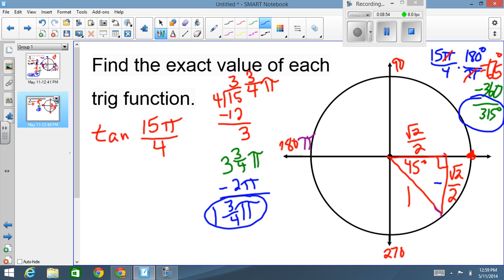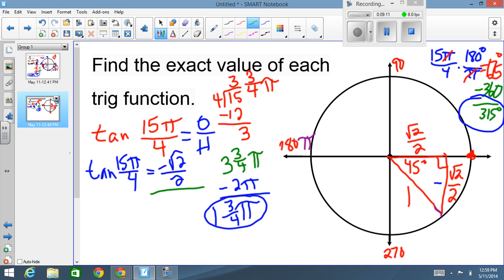Okay? So we know tangent is opposite over adjacent. So the tangent of 15 pi over 4 is equal to negative radical 2 over 2 divided by positive radical 2 over 2.